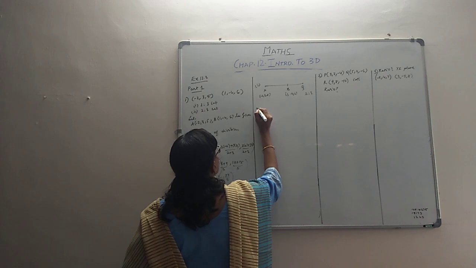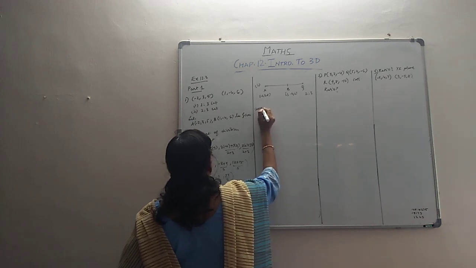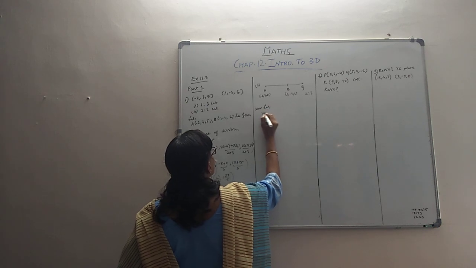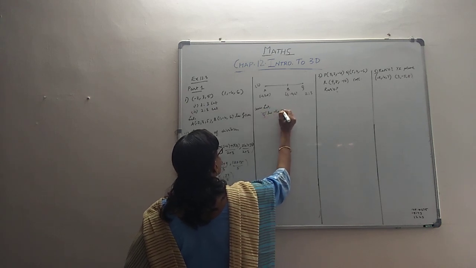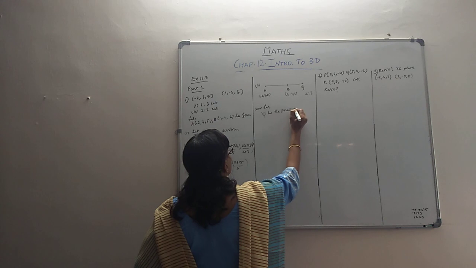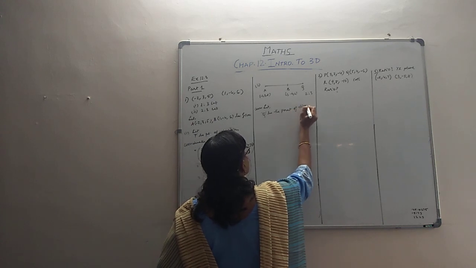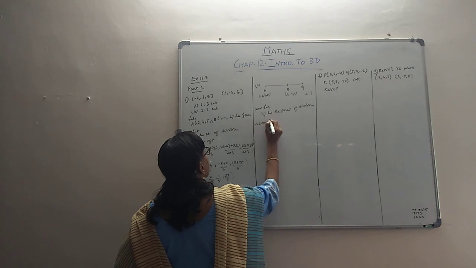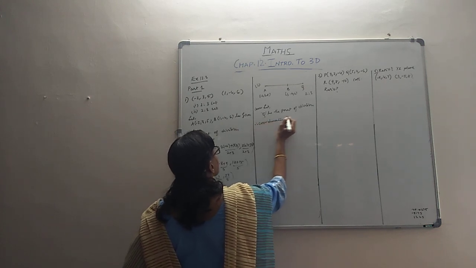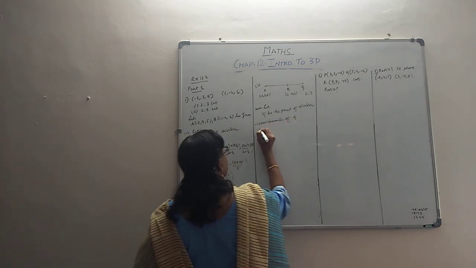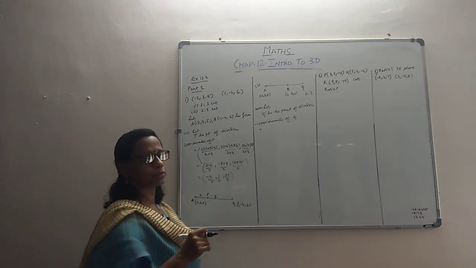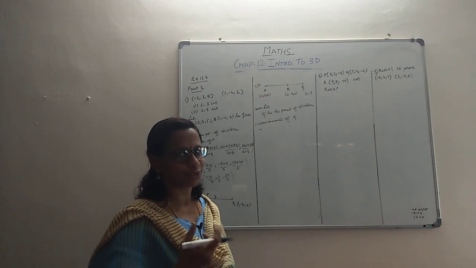So let Q be the point of division, therefore the coordinates of Q. Maths is a language of symbols. There is no harm if you use symbols. That's what I feel, but there are many people who will disagree.